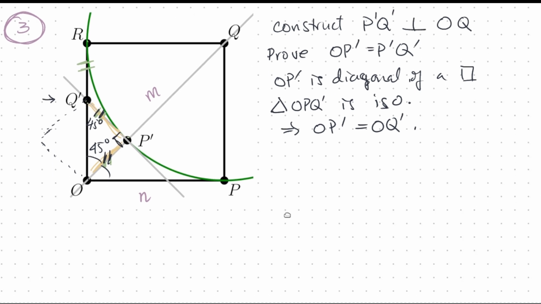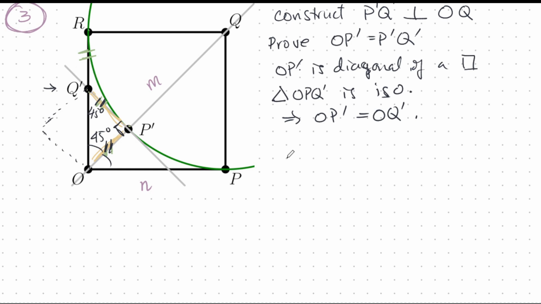Okay, so now I want to prove the following: Q prime R is equal to Q prime P prime. That is, this length here, Q prime R, is equal to this length here. Now, how am I going to do that?